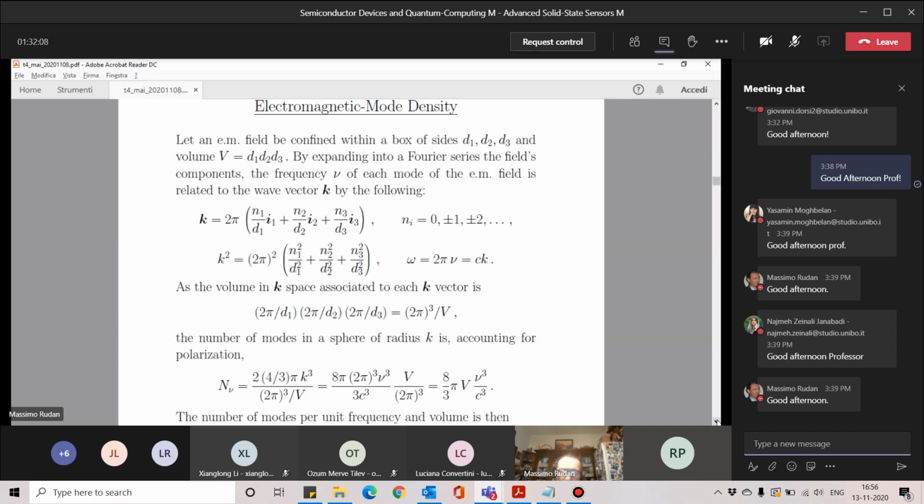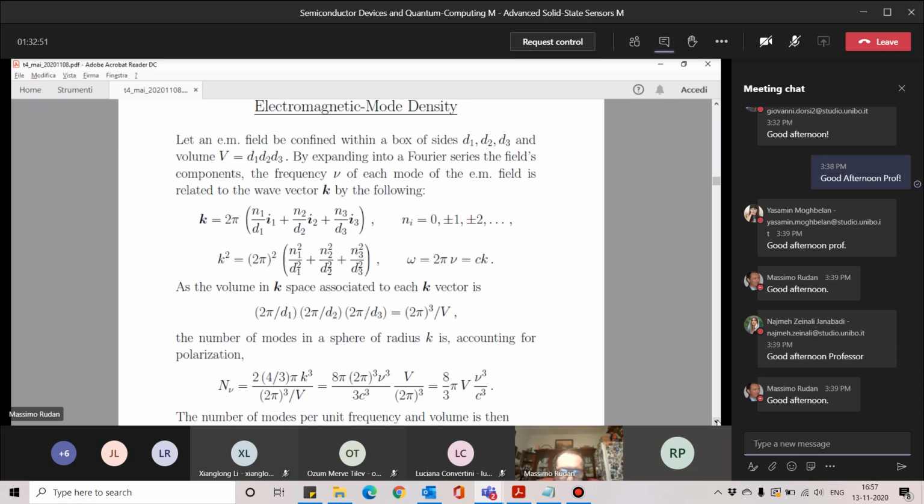So the expansion is based on the wave vector, okay? The wave vector for the electromagnetic field is defined, as you can see in the first line, as 2 pi times n1 over d1. n1 is any integer, positive, 0, or negative. d1 is the side of the box on axis 1, and I1 is the unit vector of axis 1.